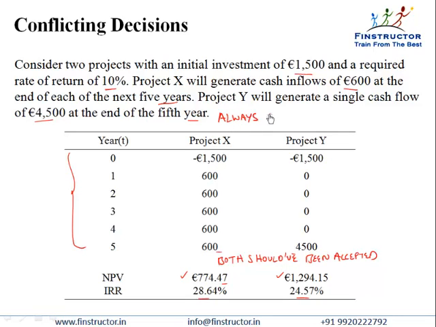And why logically should you do that? We will prove it in the coming slides. But remember, whenever in doubt, always choose the higher NPV. So in this case, we will choose project Y.